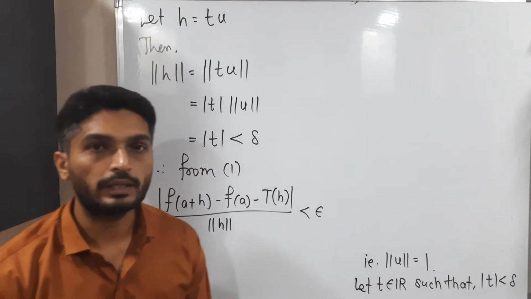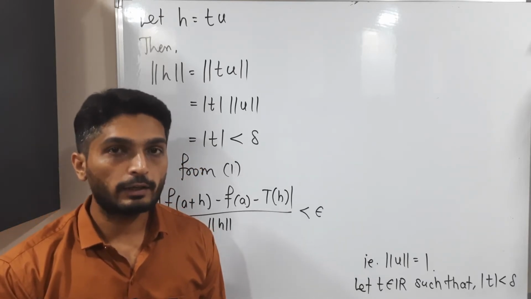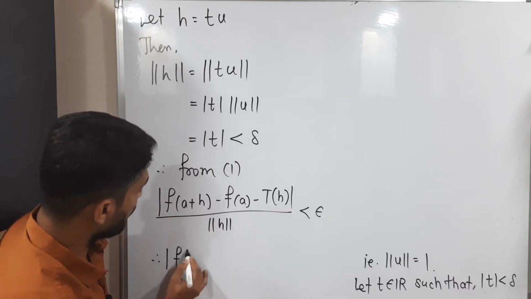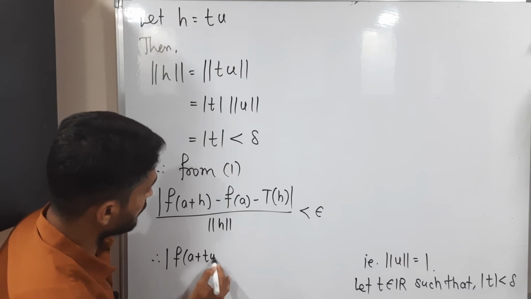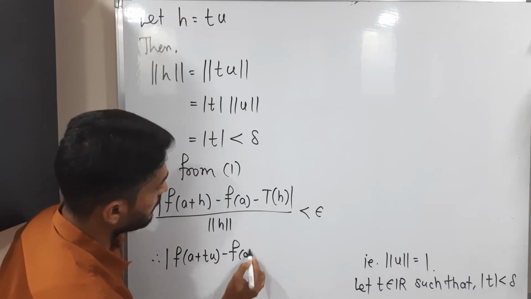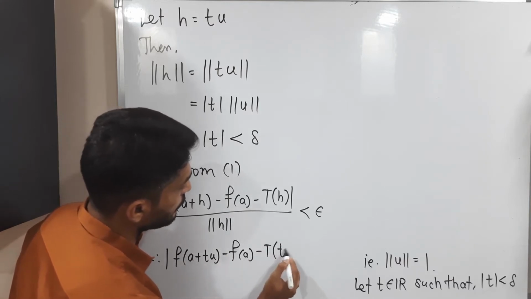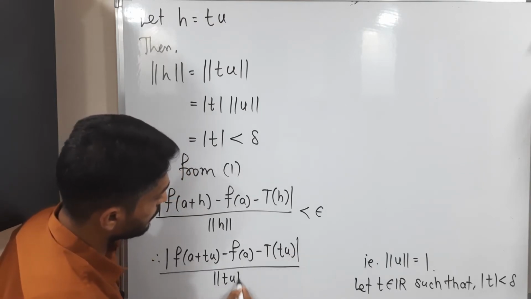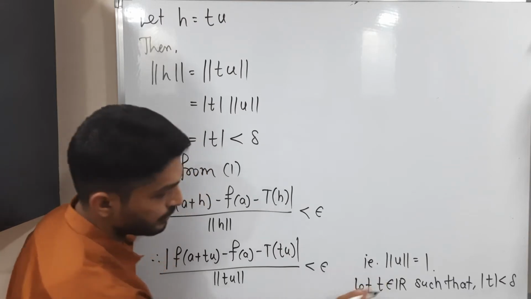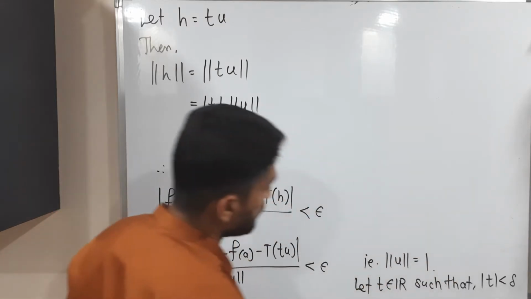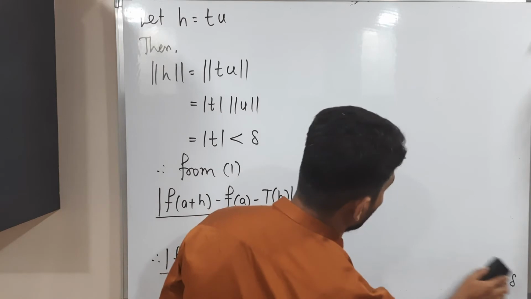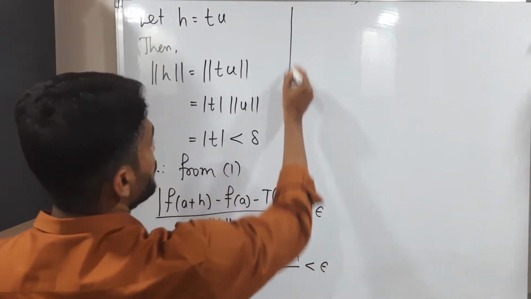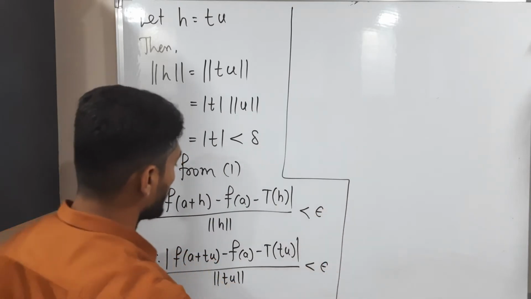Let us put the value of h here. h means tu. So mod f of a plus tu minus f of a minus T of tu, divided by norm tu, less than epsilon. This part is not required. Let me remove it and use this space to solve the remaining part of this problem.